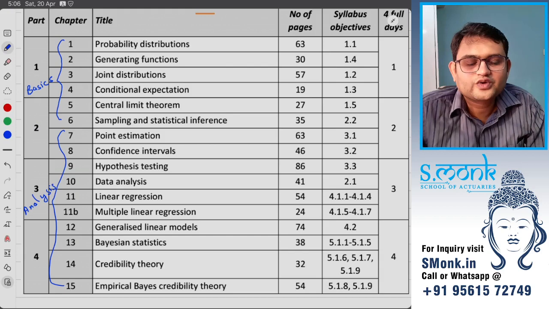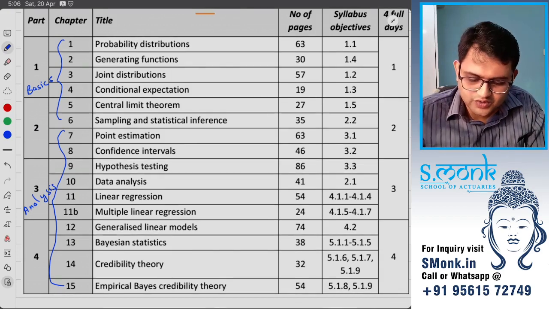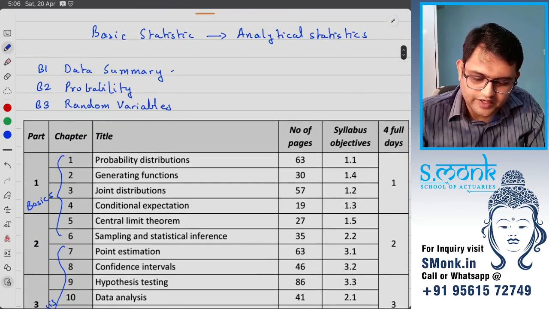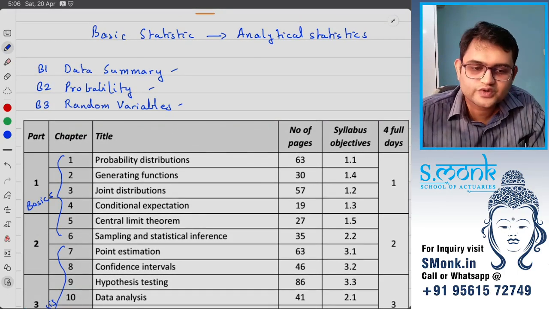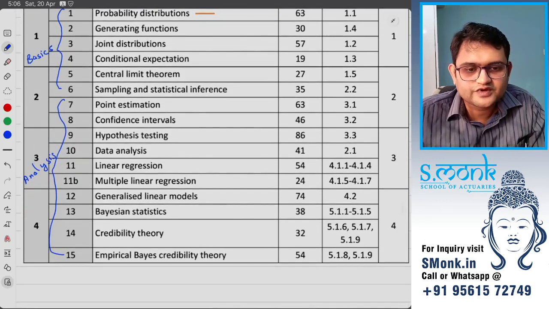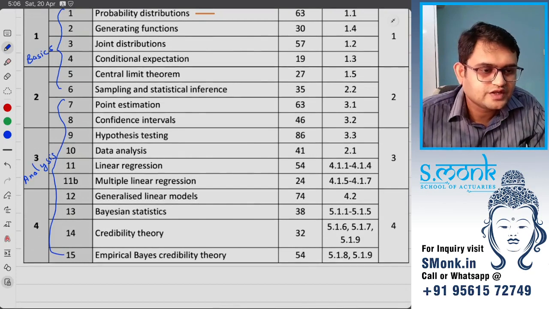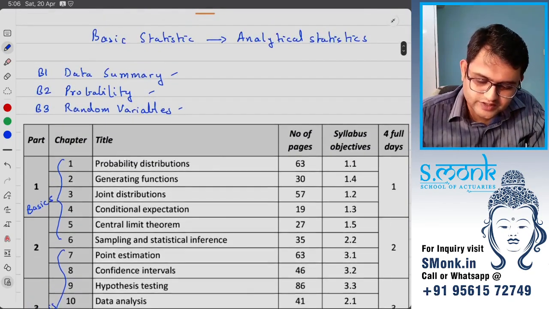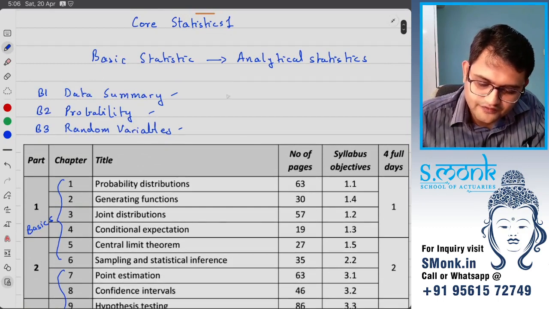So this is how we are going to cover our course. We have 3 that are not part of our course, and after that we have 6 that are part of our course, and then from 7 to 15, these are the analytical chapters. So this is the course of part A.